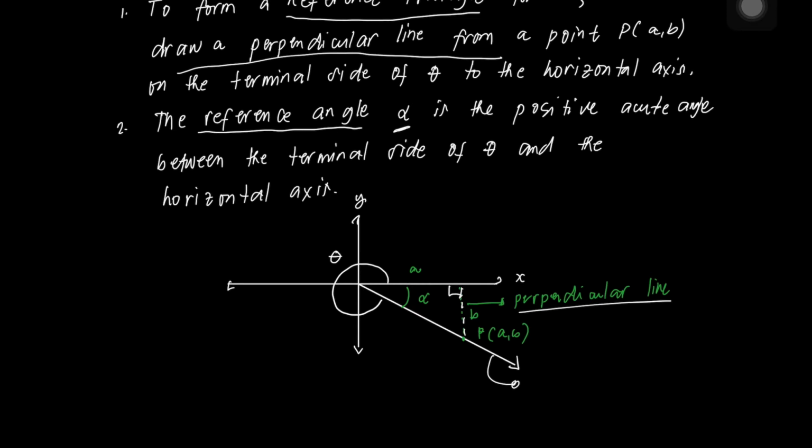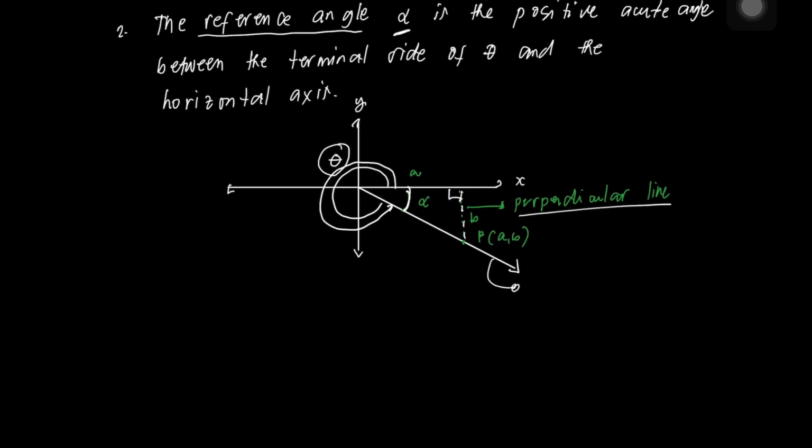Take note that our angle here is this theta, and the rotation is counterclockwise from the positive x-axis to the terminal side. Our reference angle is the acute angle produced by the terminal side and the x-axis.